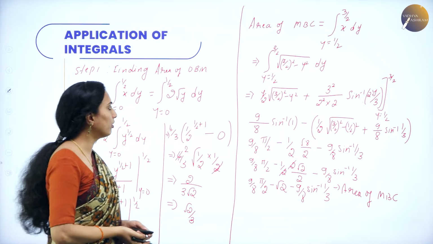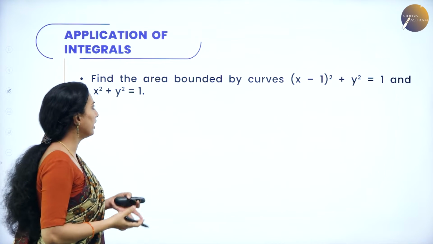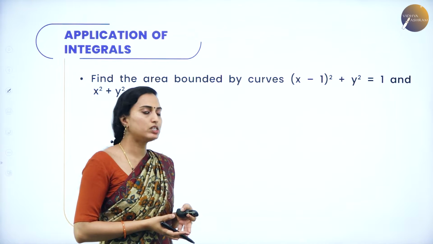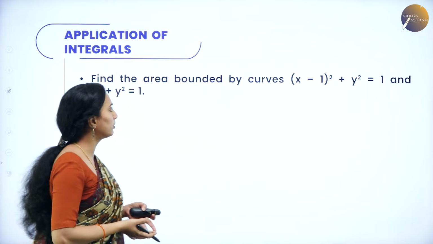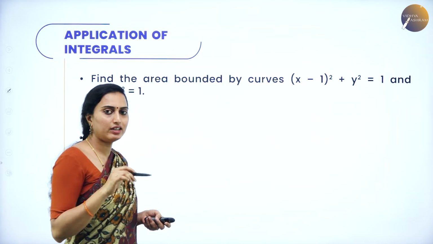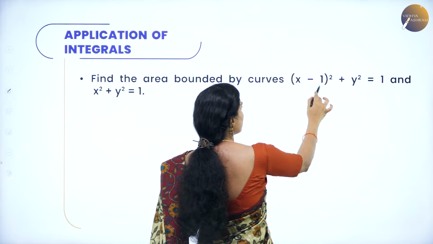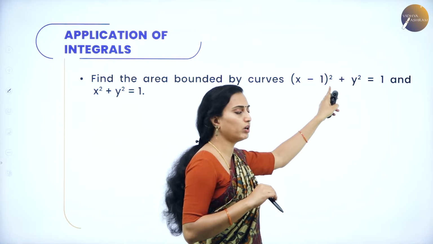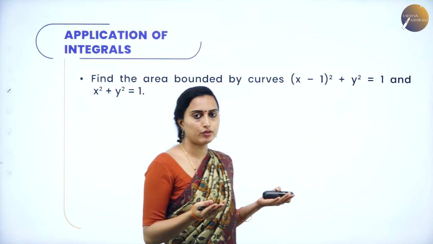Now we'll be moving on to the next problem what they've asked. Now here, find the area bounded by the curves x minus 1 whole squared plus y squared is equals to 1 and x squared plus y squared is equals to 1. Here they have given, this is a circle with the center as 0, 0 and this is a circle with the center as 1, 0, correct? Because this is in the form of x minus a whole squared plus y minus b whole squared, where a and b are the center of the circle.